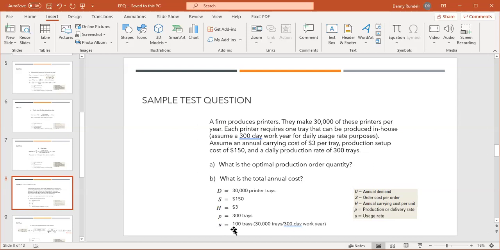And then U is a little tricky because if we have a 300-day work year for daily usage rate purposes, and we need 30,000, the way you get usage rate is 30,000 trays across 300 days. It gives you 100 trays. So in just about every problem, you're going to have to understand it and pull one of the numbers out.